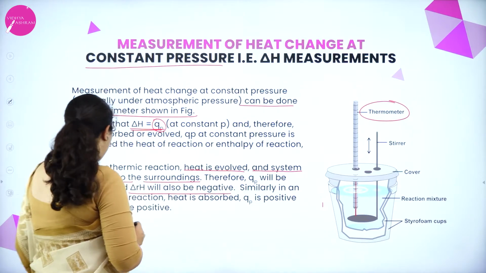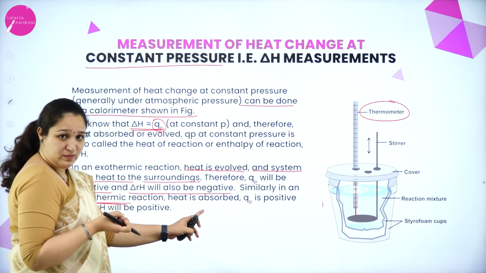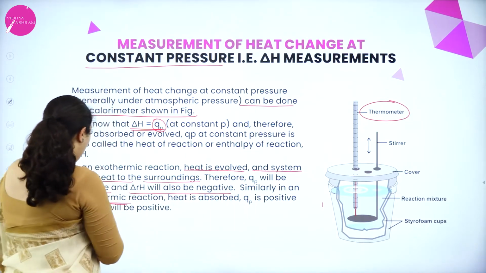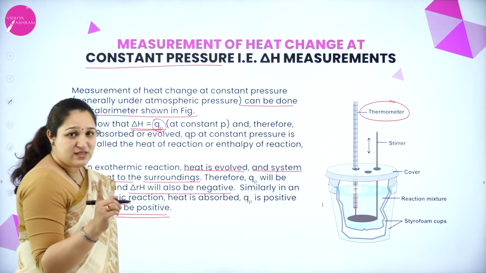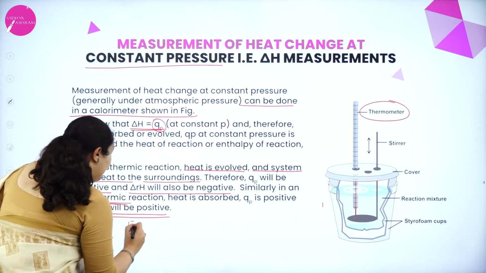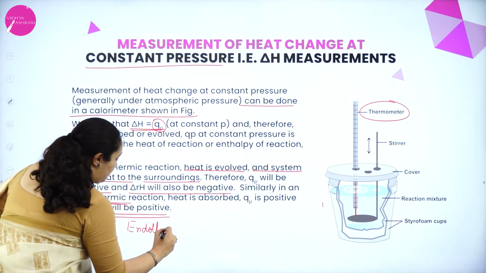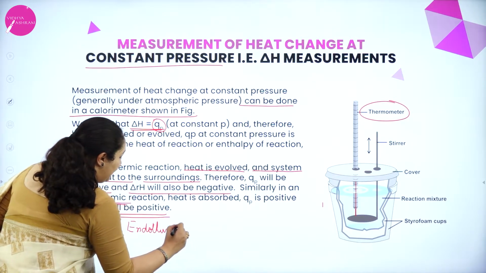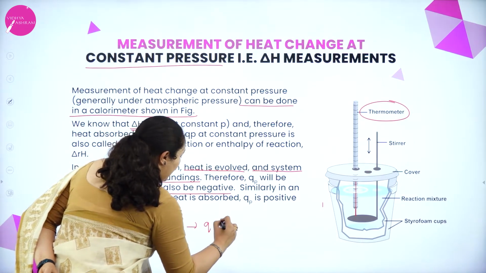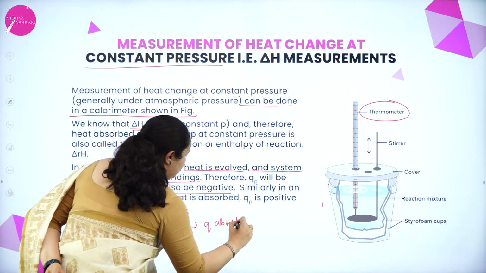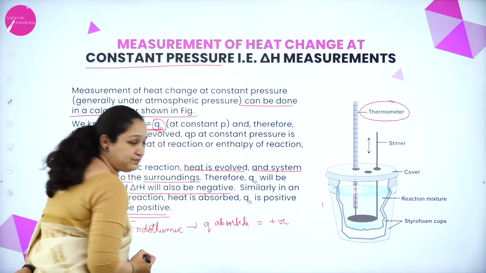Similarly, in an endothermic reaction, heat is absorbed and QP will be positive and delta H also will be positive. So always remember, in an endothermic reaction, heat is absorbed, and thus this is positive.